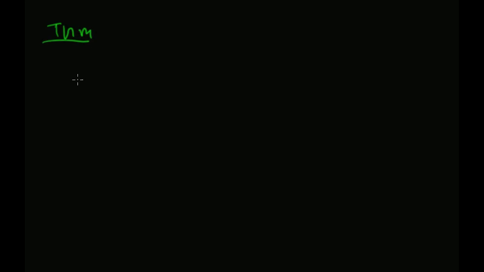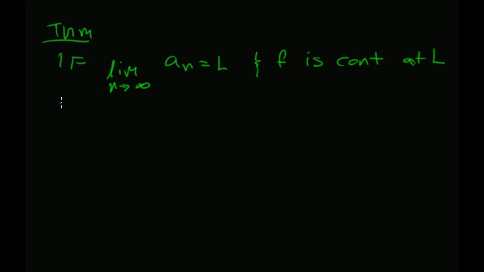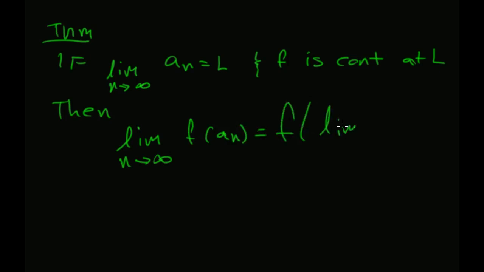We have another theorem that states that if the limit as n approaches infinity of a sub n is equal to L, so that's saying that we're convergent, and f is a function that is continuous at L, then the limit as n approaches infinity of f of a sub n is the same as f of the limit as n approaches infinity of a sub n.